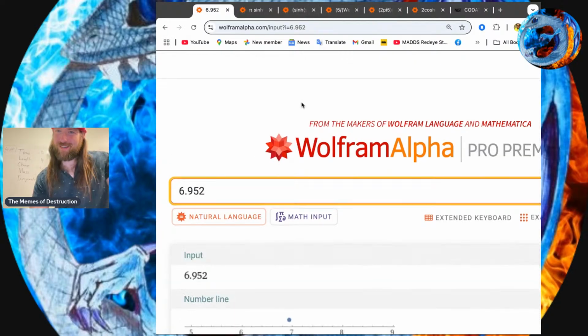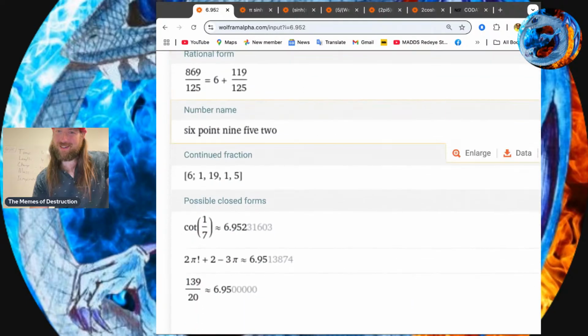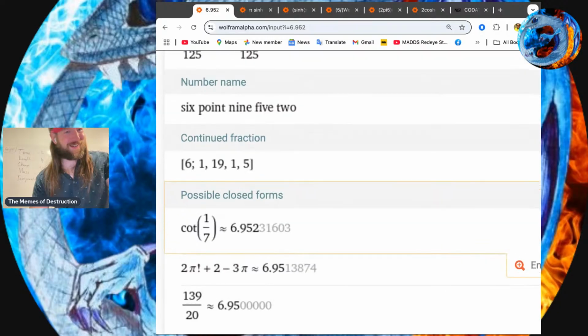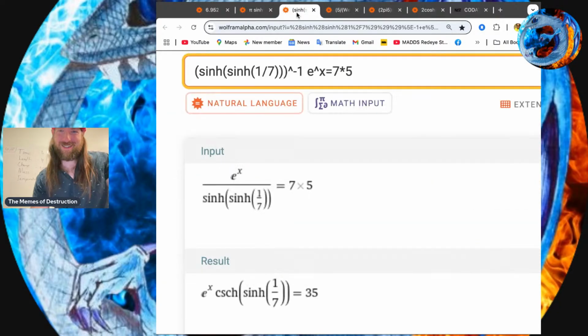What we got? Cotangent of 1/7. That's a pretty geometric thing. Okay, so I think Thad rewrote it as just sinh of sinh.